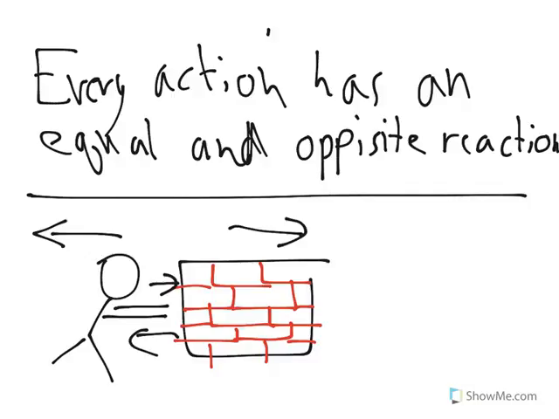Now, why don't you go flying backwards? Isn't that what F equals ma would tell us? Well, hang on a second. Your feet are also pushing backwards against the earth. And by every action has an equal and opposite reaction, the earth is pushing forward against your feet. So what does that mean? Well, the net force on you, the force that we're worried about, cancels out to zero.